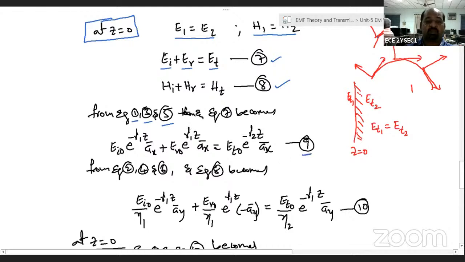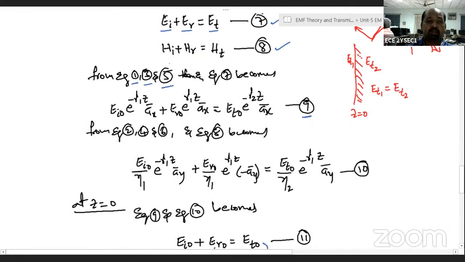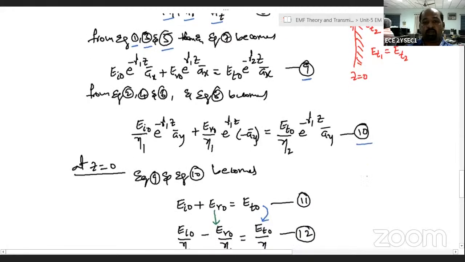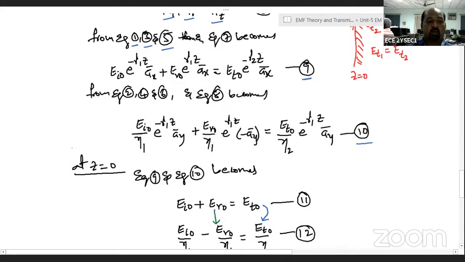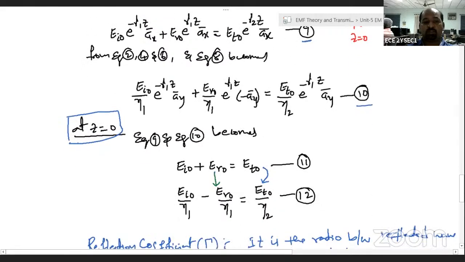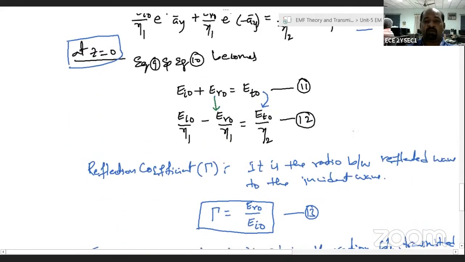Similarly, HI, HR, HT from equations 2, 4, and 6, substituting in equation 8, we get equation 10. Equation 9 and equation 10 at the boundary, that is at z equal to 0, so substituting z equal to 0, we get equation 11 and equation 12.